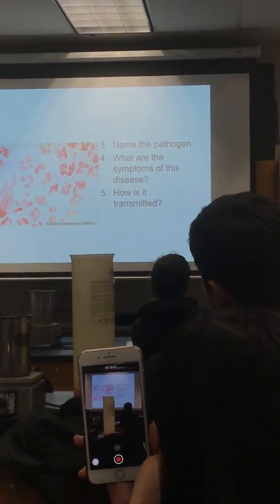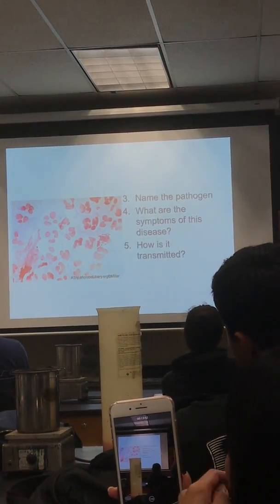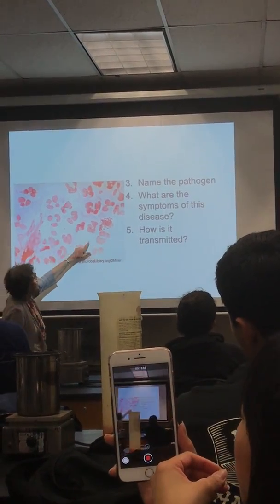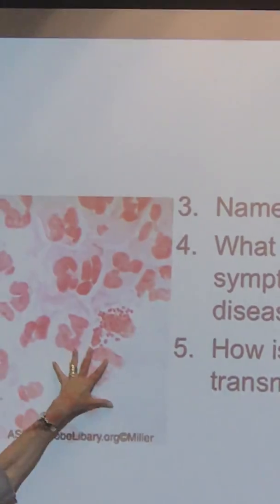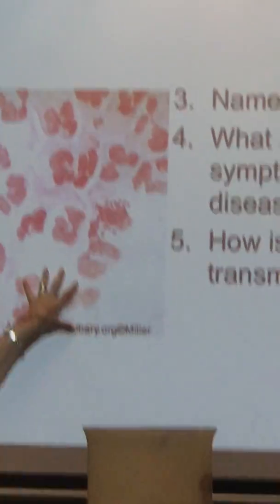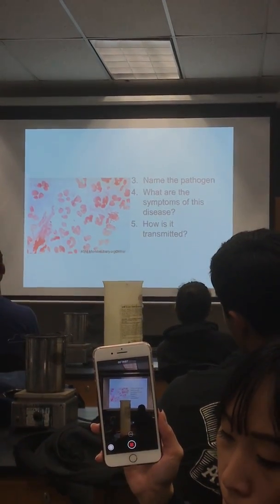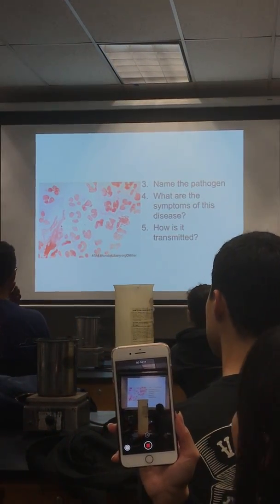Okay, this one should be easier. What's this pathogen? What are we looking at here? So this is a smear that has a whole bunch of white blood cells on it. And we're looking at these little organisms that are inside the white blood cells, a clinical specimen taken from an inflammation. So it's Neisseria gonorrhoeae. This is really characteristic.